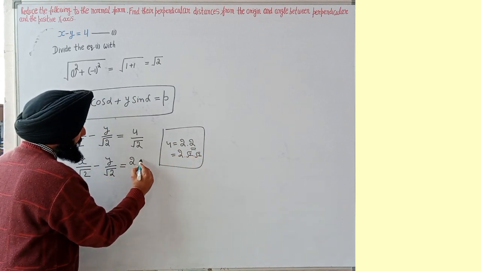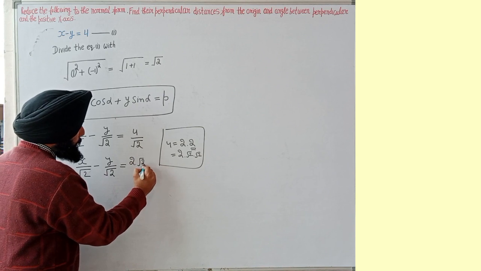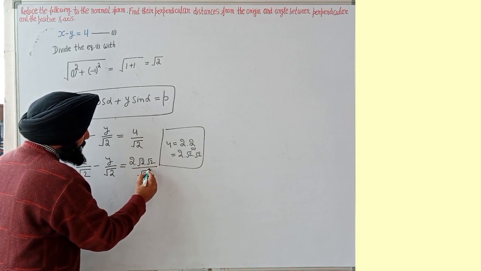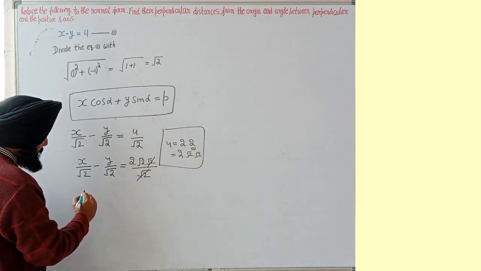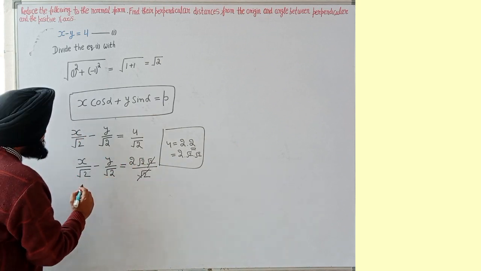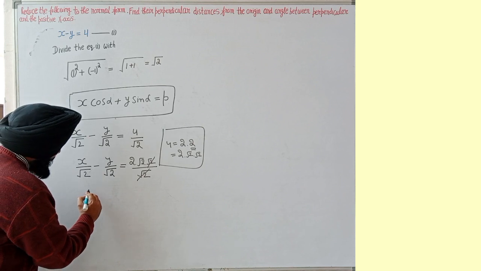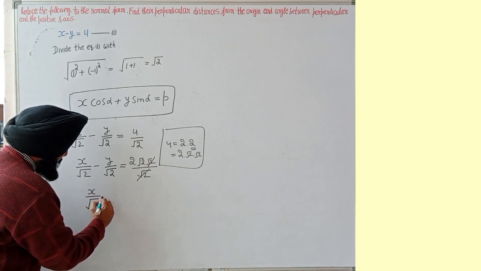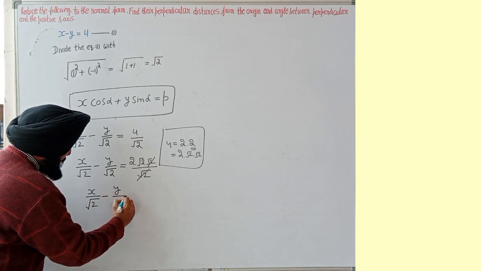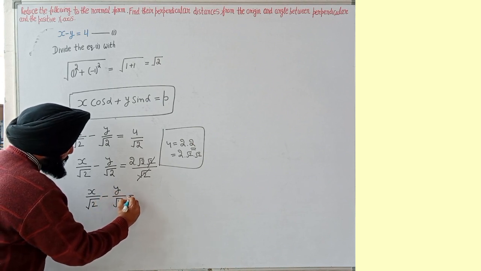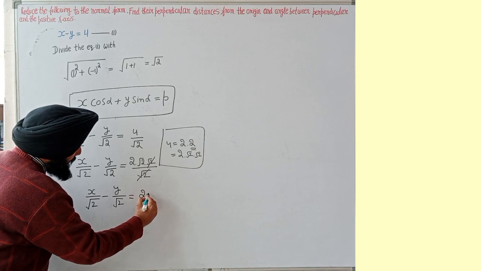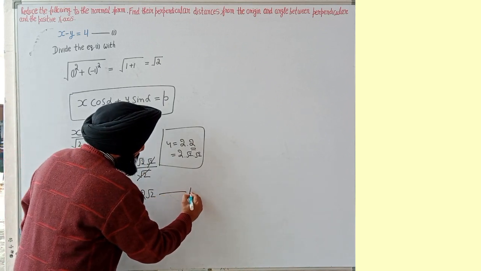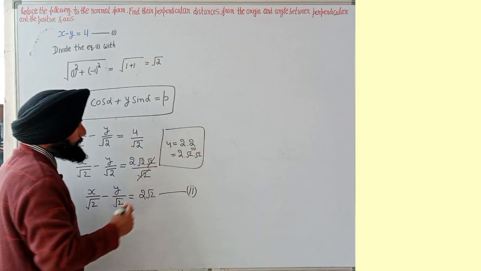So I am writing 4 as under root 2 multiplied by under root 2 over under root 2. So this cancels, and the equation becomes x over under root 2 minus y over under root 2 equal to 2 under root 2. This is our equation number 2.